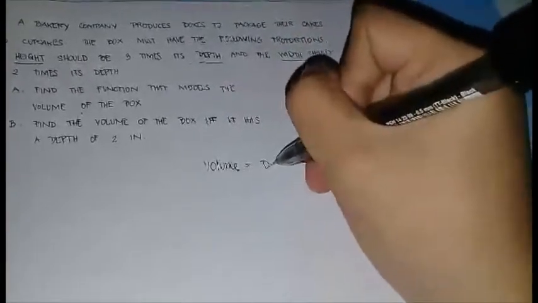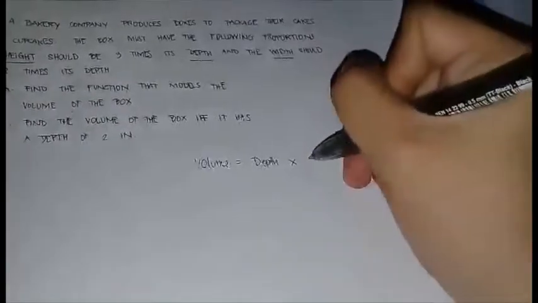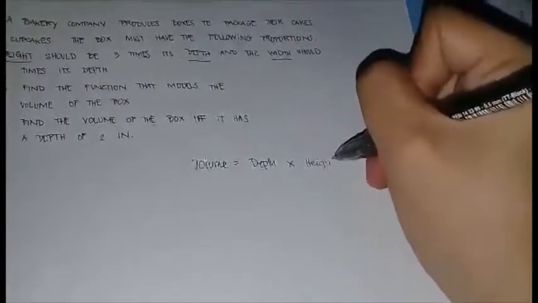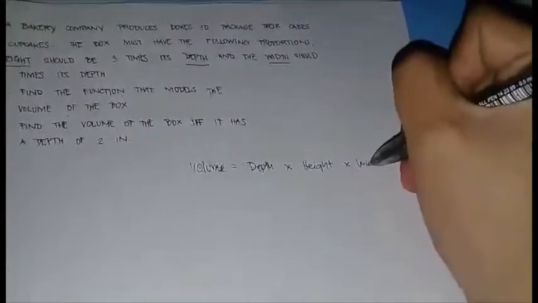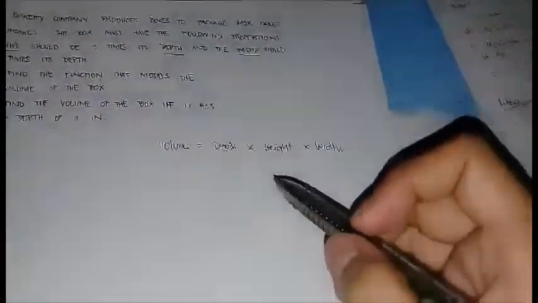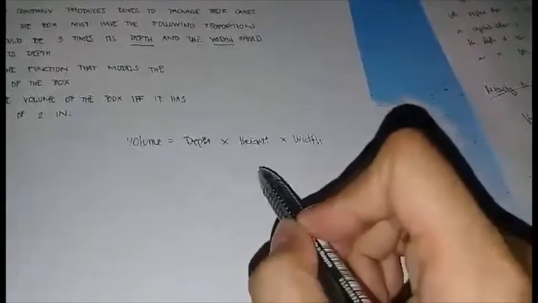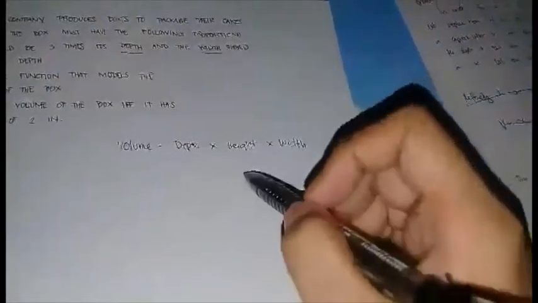Volume is equal to depth times the height times the width. So this is now the formula. In order for us to easily identify these quantities, let's replace them with variables.